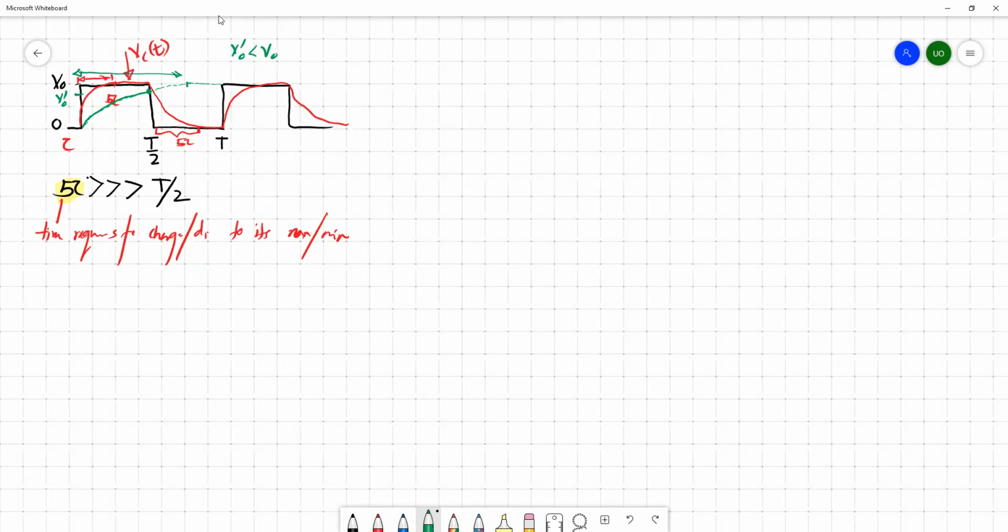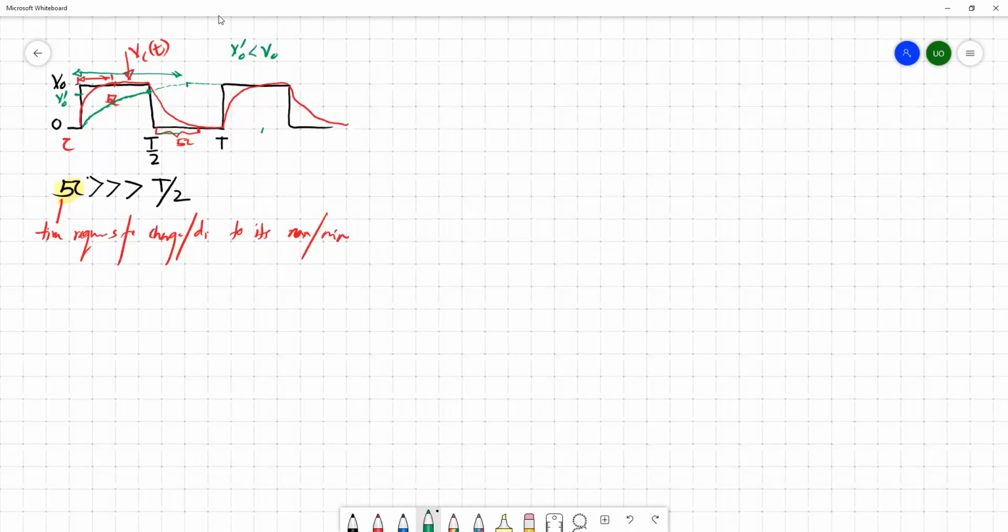So the capacitor has no external source to charge its voltage to V naught, and the charging stops somewhere around here. The capacitor is charged to V naught dash, which is less than the source voltage V naught. Similarly, you can argue for the discharging process.